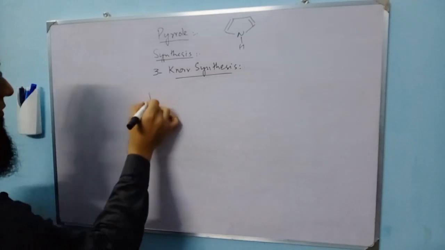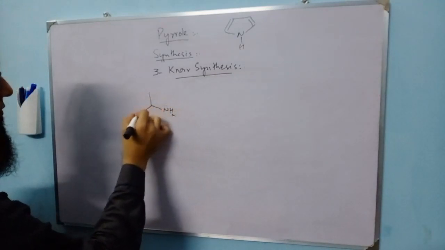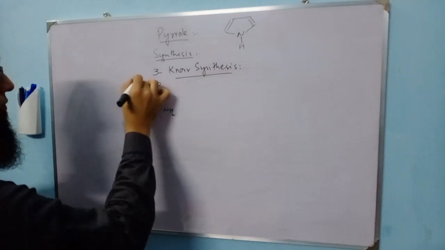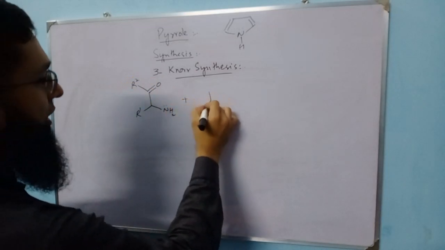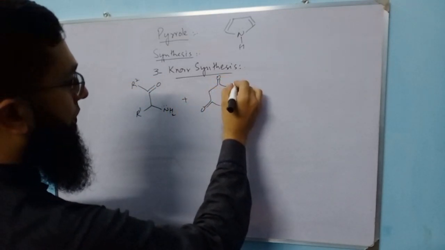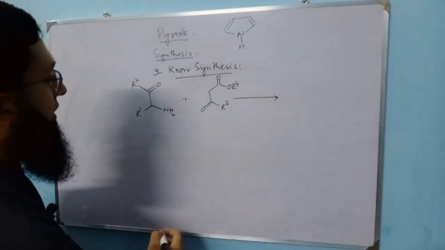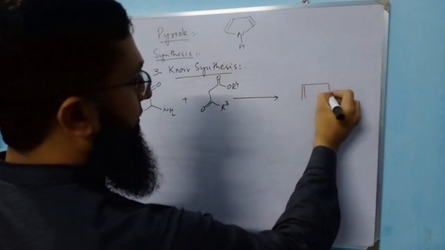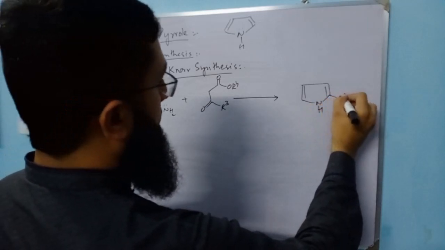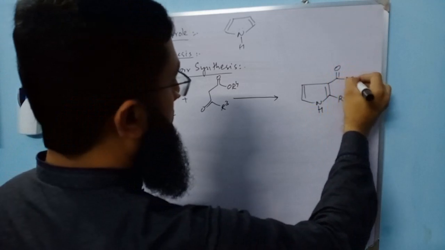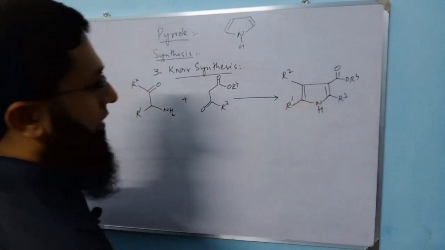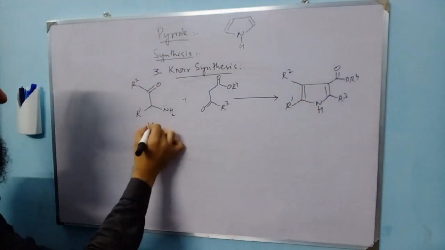In this case, we have alpha aminoketones, which are allowed to react with beta ketoesters, and we get pyrrole derivatives. Now we see the mechanism of this reaction.